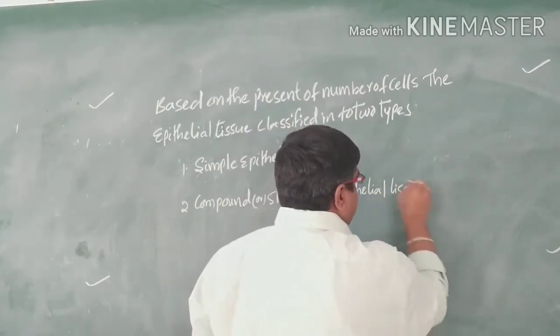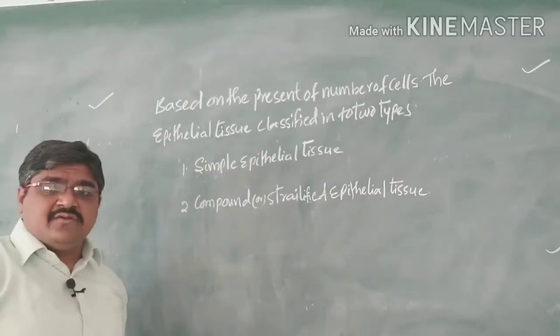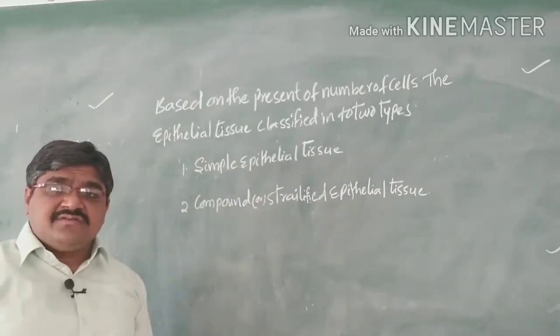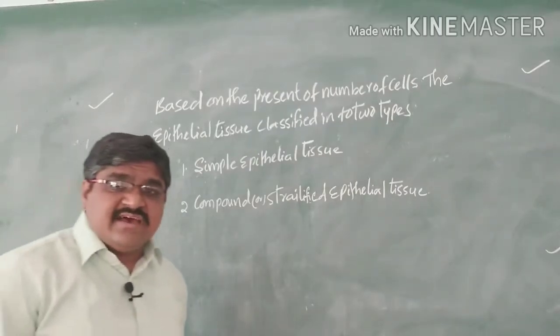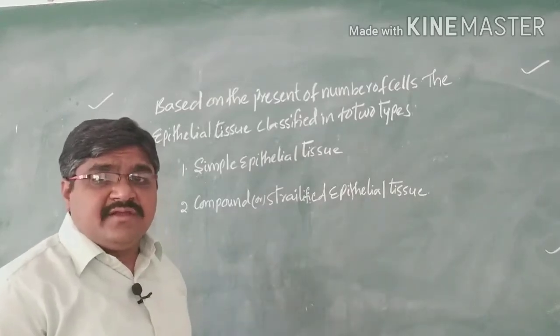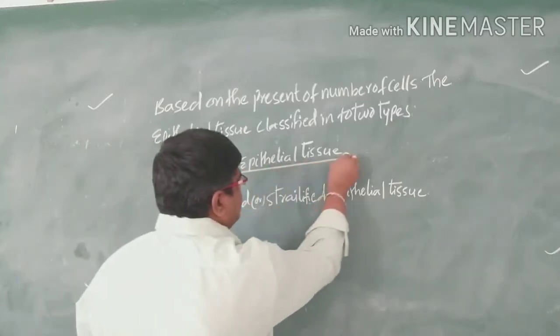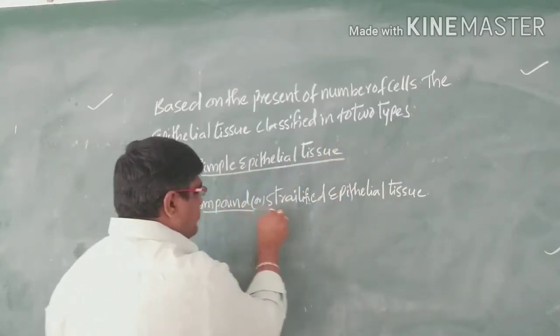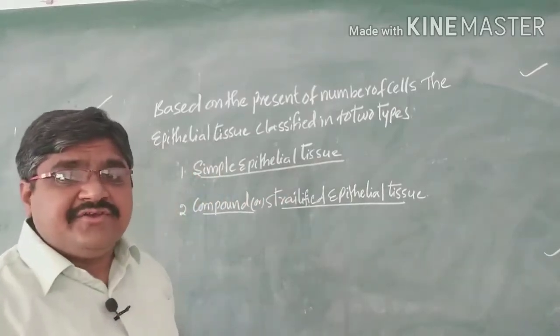So based on the number of cells on the basement membrane, the epithelial tissues are classified into two types. The first one we can call simple epithelial tissues, and the second one compound or stratified epithelial tissues.